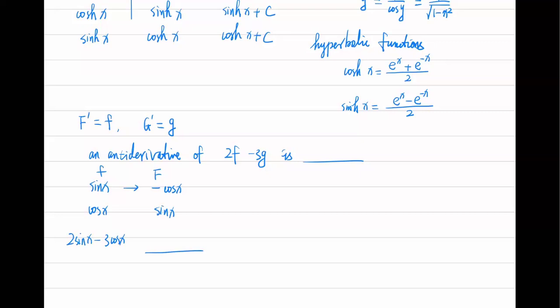Negative 2 cosine x. Plus or minus, I heard something. Minus. Okay, so what we observe is that the linear combination of the functions gives us the linear combination of the antiderivatives. So here the formula will be 2 capital F.